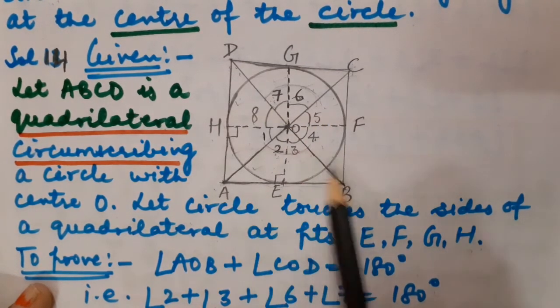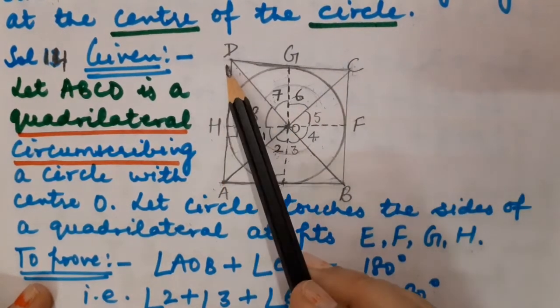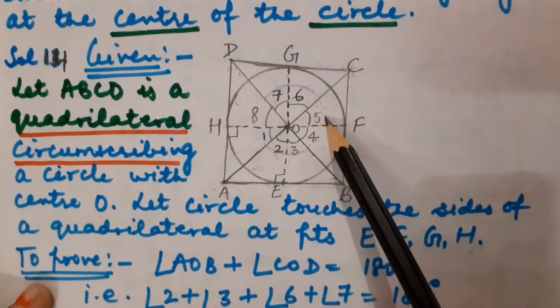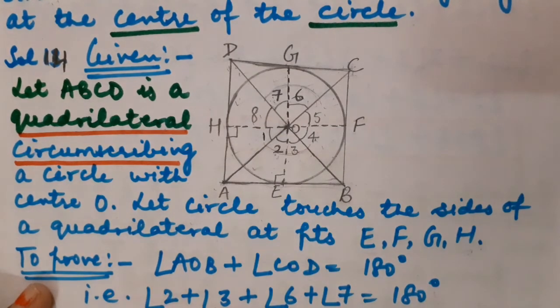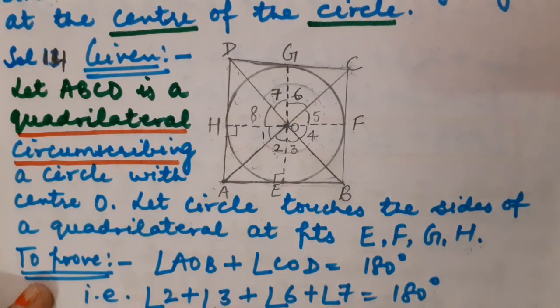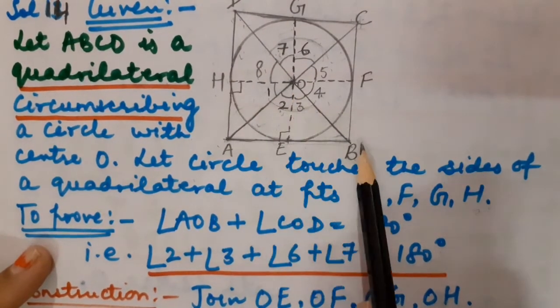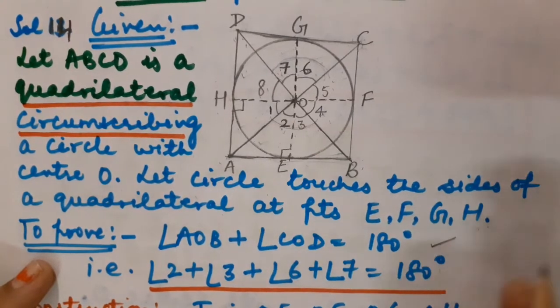If you do not want to take this pair AB and CD, you can take BC and AD also in that case. Okay. Then definitely angle 4 plus angle 5 plus angle 1 plus angle 8 must be equal to 180 degree you have to prove. Okay. So to prove, angle AOB plus angle COD must be equal to 180 degree.